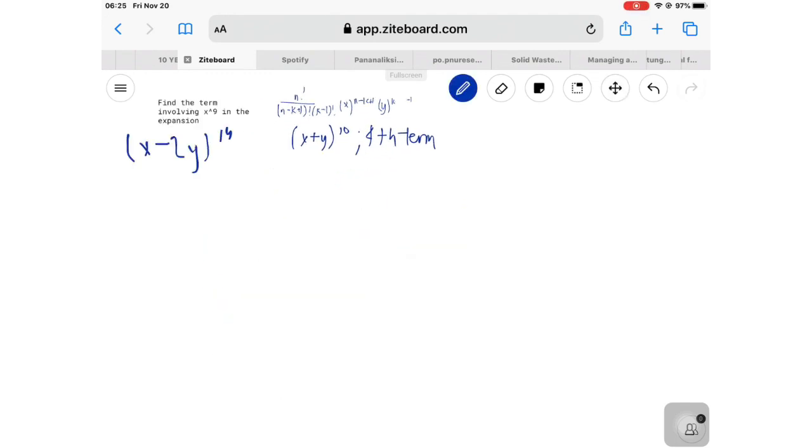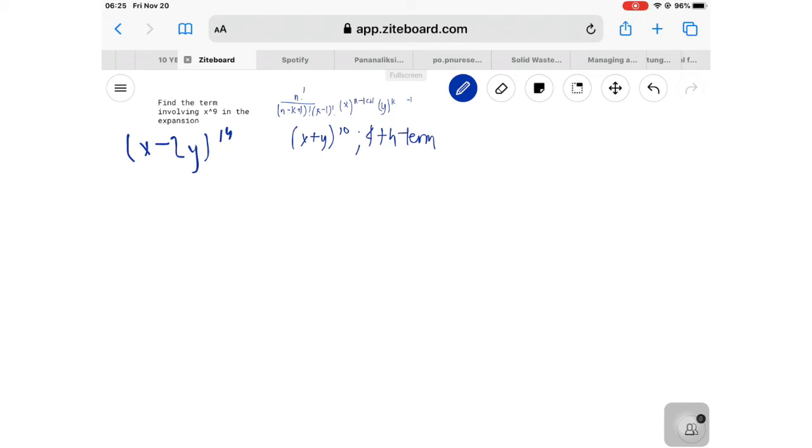So, hello guys. So, paano kapag tinanong sa atin is ganito? Find the term involving x raised to 9 in the expansion. So, ang given natin is x minus 2y raised to 16.